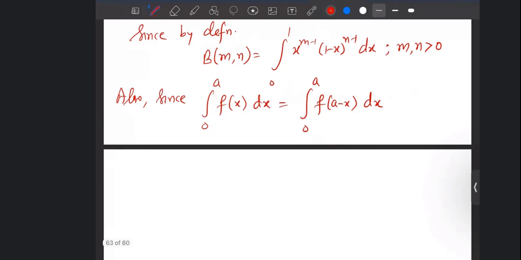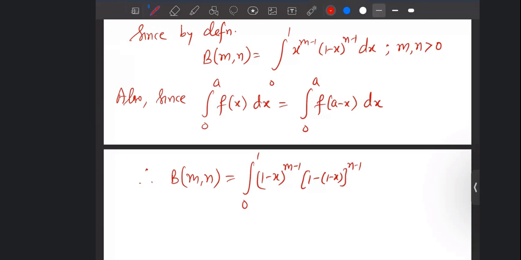Using this property, the above definite integral will become the integration from 0 to 1, replacing x with 1 minus x, since a is 1: 1 minus x raised to the power m minus 1 and 1 minus of 1 minus x raised to the power n minus 1 dx.